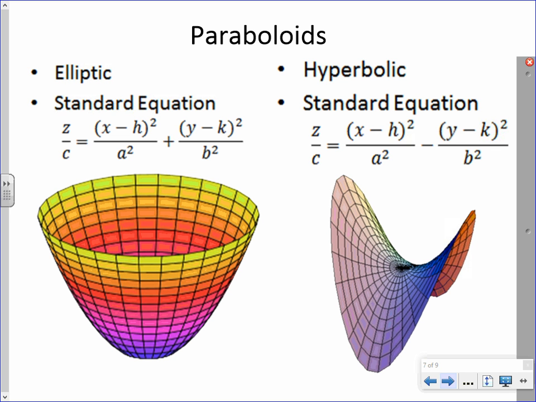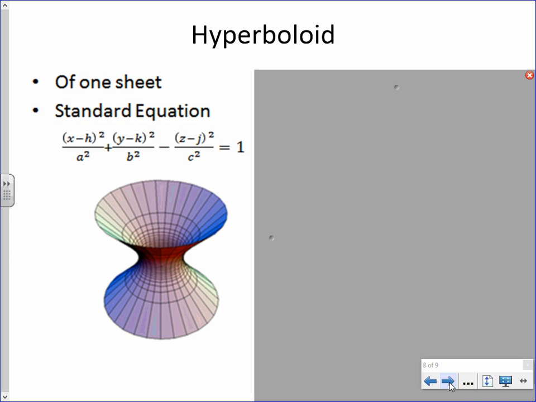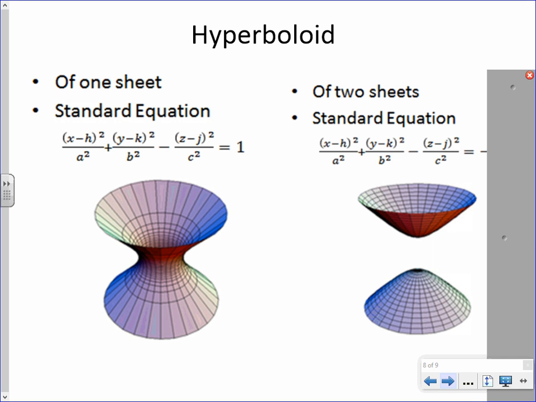So a hyperbolic paraboloid and an elliptic paraboloid. And then we have hyperboloids, a 3-dimensional hyperbola. So this is a hyperboloid where it's all one piece, but then you could have 2 pieces of a hyperboloid. It's a 3-dimensional hyperbola where one trace is an ellipse.